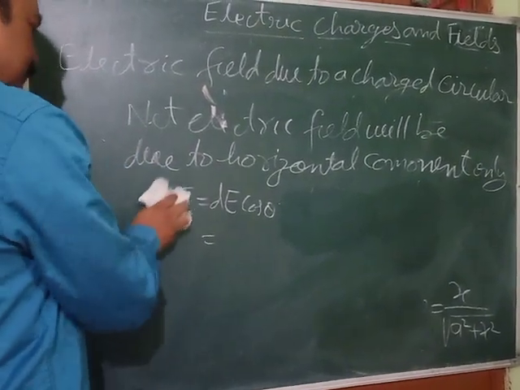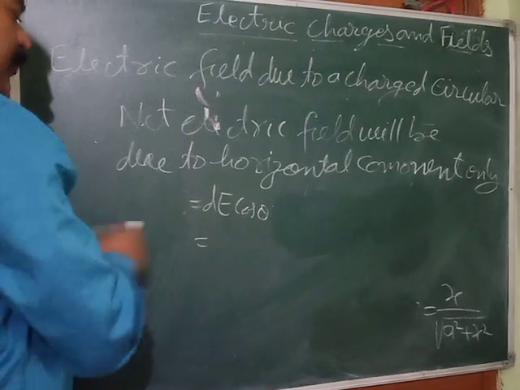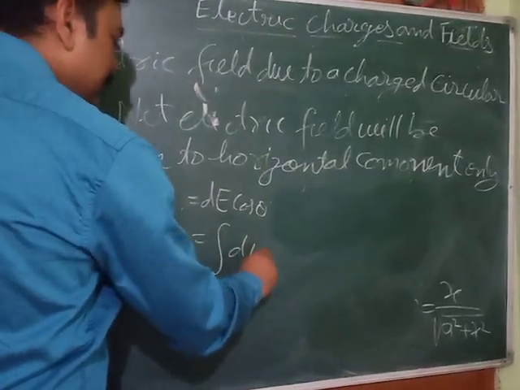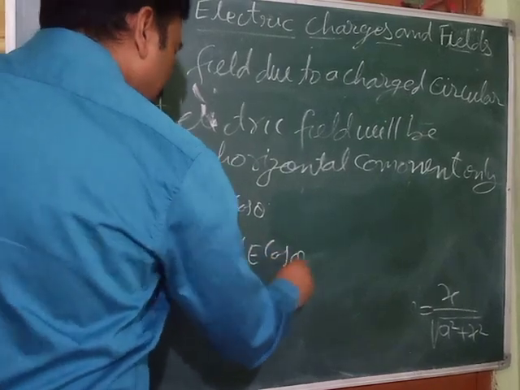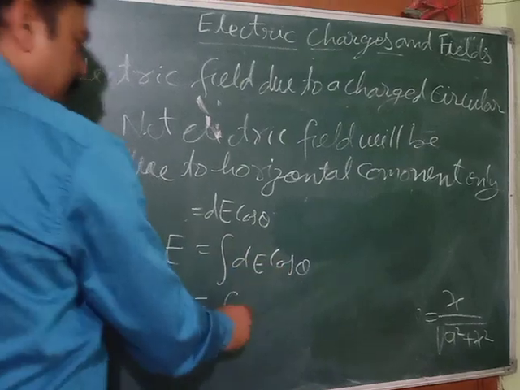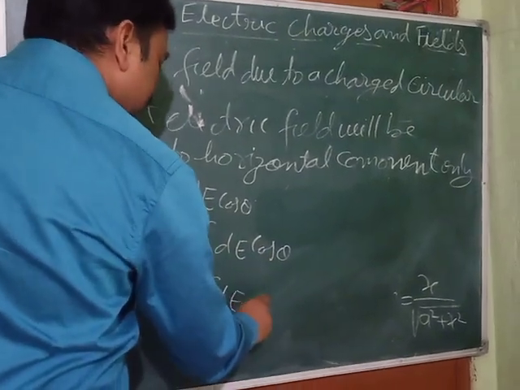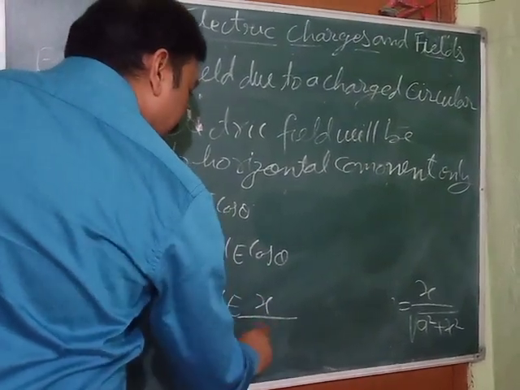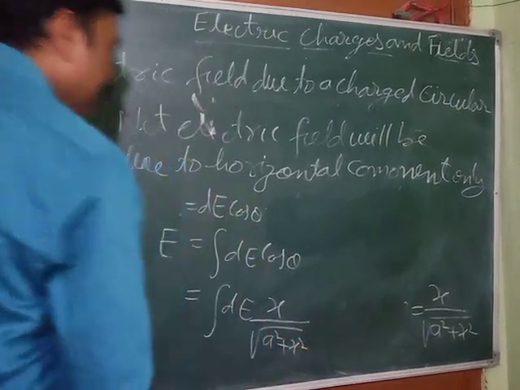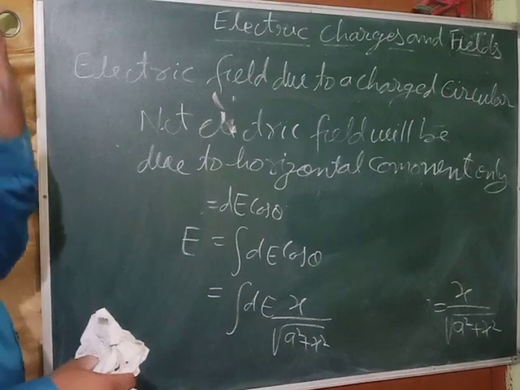Now, if you want to find the total electric field intensity E, then you have to integrate this dE cos theta. For that, we have to write dE. What is cos theta? Cos theta is x upon square root of a square plus x square. Now, what is the value of dE?